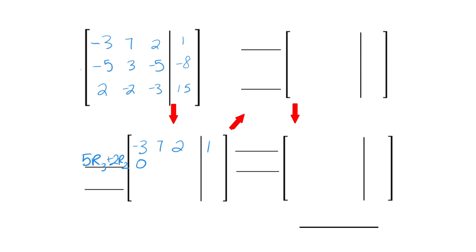Okay, but I got to do it all the way across. So this is going to end up being negative 10 plus 6. That's a negative 4. Then I'm going to have a negative 15 and a negative 10. That's negative 25.